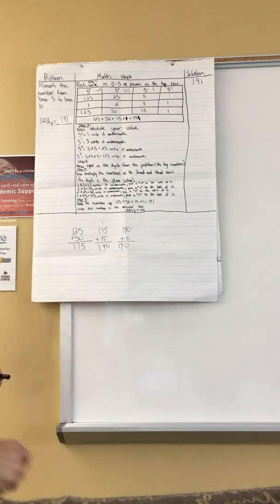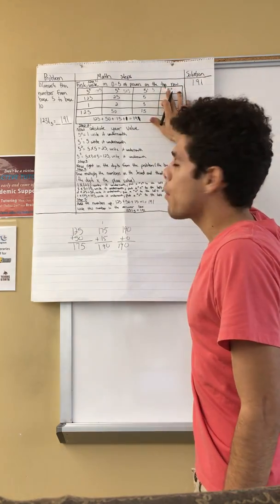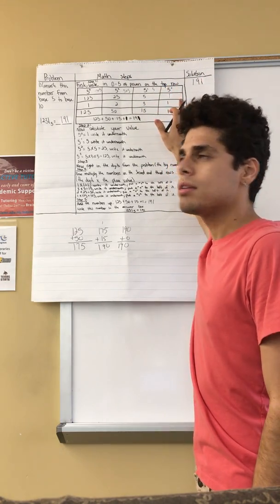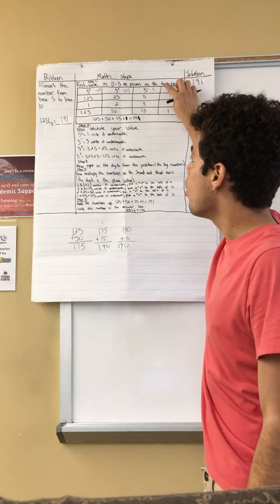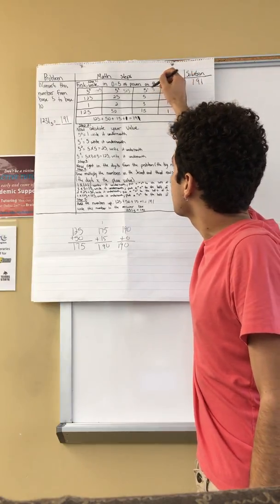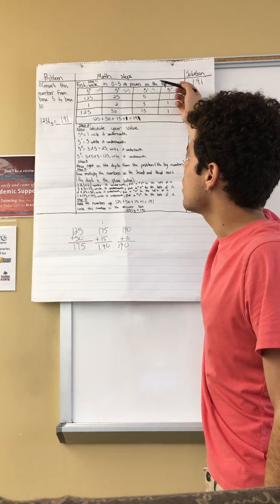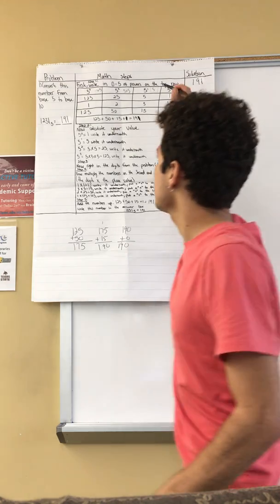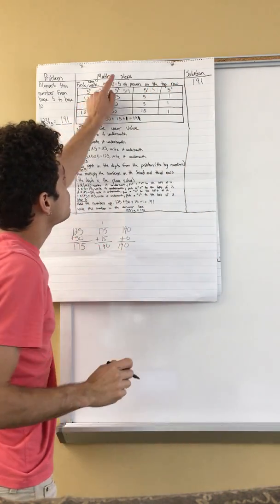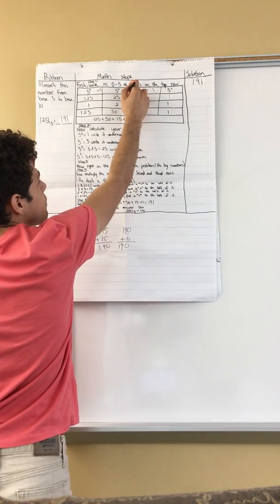5 to the power of 0 is always going to be 1. 5 to the power of anything of 0 is going to be 1. 5 to the power of 1 is 5, as you can see here, I wrote them out. 5 by itself equals 5, so there's no multiplication there. 5 to the power of 2 is not 10, but it's 25, because it's 5 times 5.